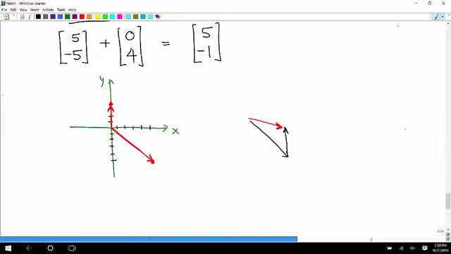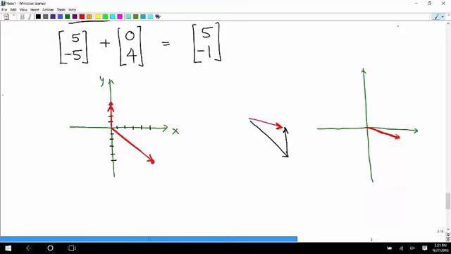And now if we think about the components of that one, draw this over here. Then that vector would be, you'd go 5 in the positive x direction and 1 in the negative y direction.